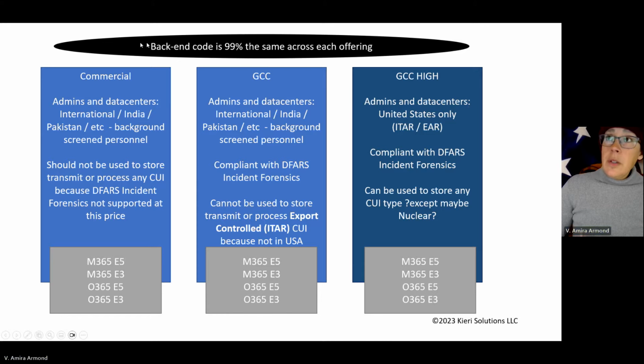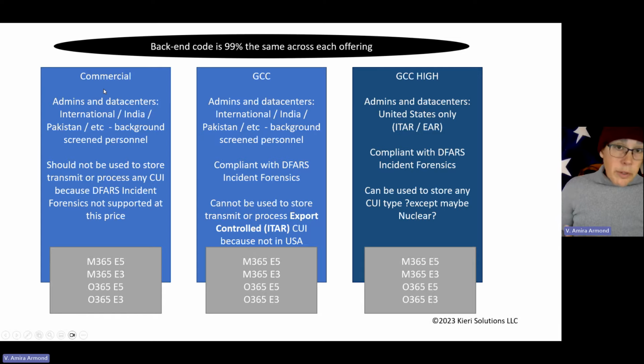So you can see what I mean, that just because something is FedRAMP, it doesn't mean that it supports the DFARS incident forensics. It doesn't mean that the admins are in the US, because commercial is FedRAMP moderate.